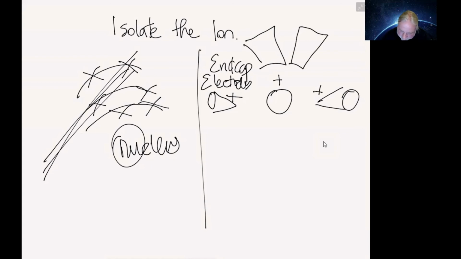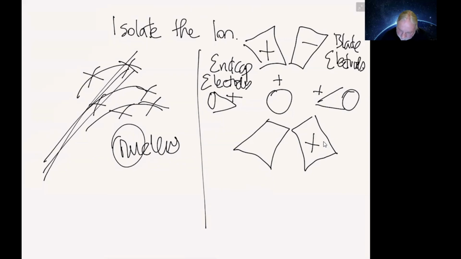What we do is use what we call blade electrodes. We can't make them all positive, because if we do, it becomes very unstable and the ion will escape. So we make a couple of these blade electrodes positive and negative, and then we keep flipping from positive to negative.